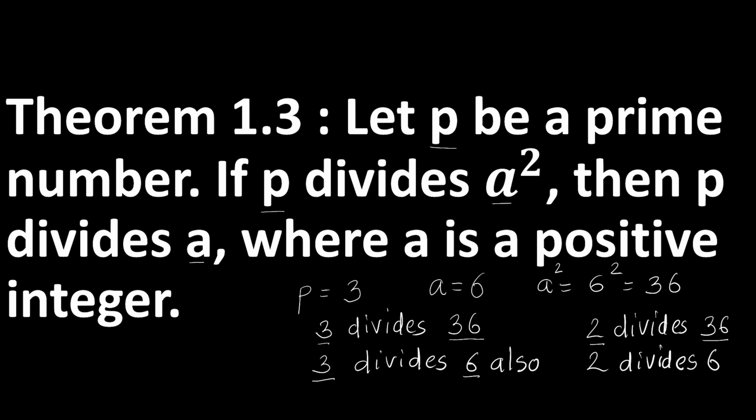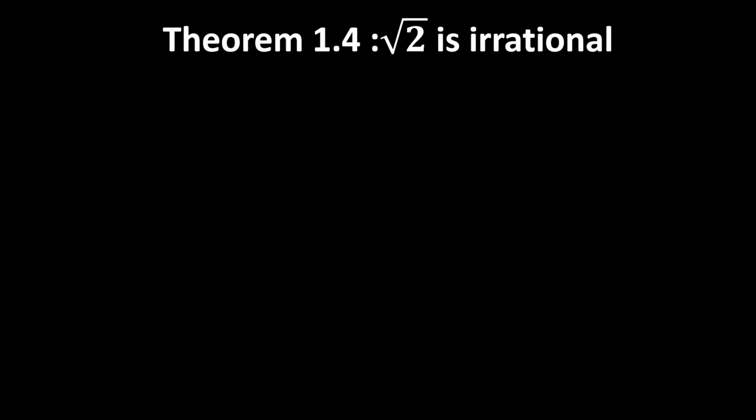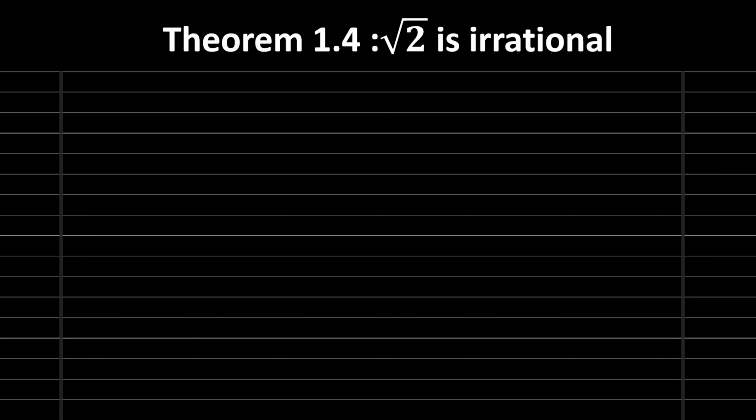Now, using this, we are going to prove the next theorem, which is Theorem 1.4. It says that we have to prove here that root 2 is irrational. In order to prove this theorem, we are going to use the method of contradiction.